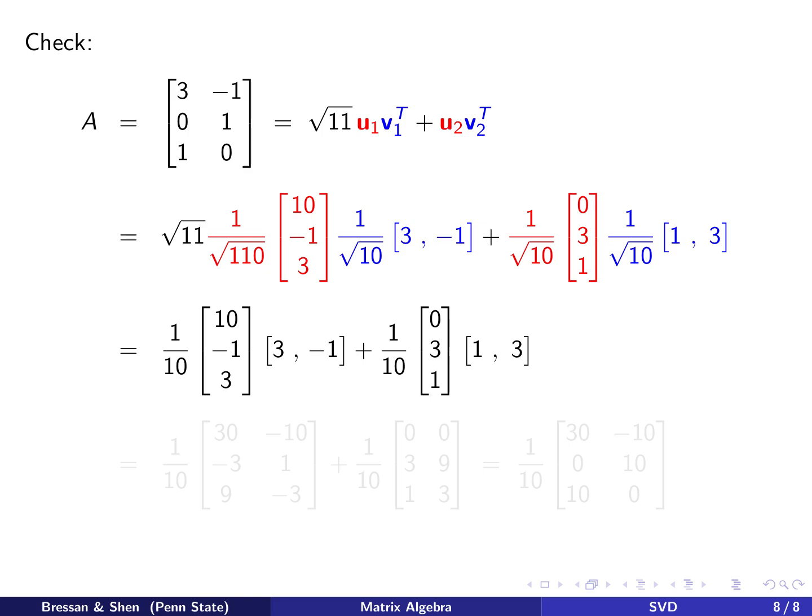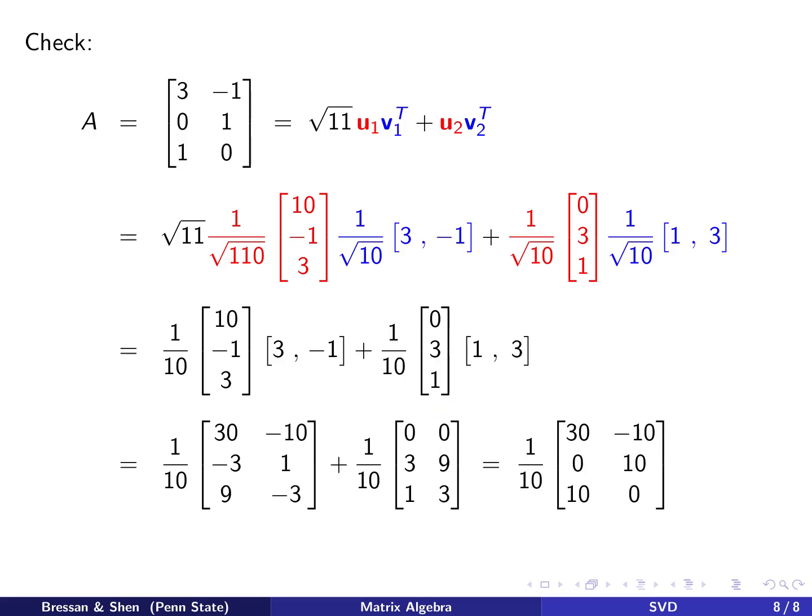So let's put in all the numbers: square root of 11, and this is u1 and this is v1, and then this is u2 and this is v2. And then the 11 will cancel, and you get a 10. Square root of 10 times square root of 10 is 1 over 10. And we copy the rest. And then here you see square root of 10 times square root of 10 is 1 over 10, and you copy the rest.